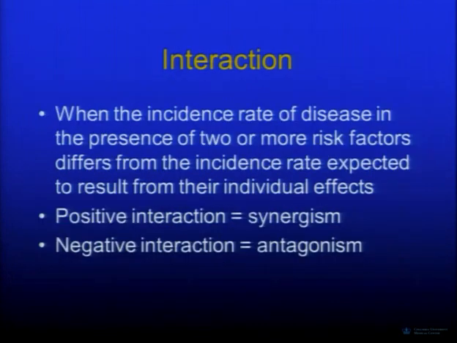And the other terms that sometimes are used when we're talking about interaction is positive interaction or synergism, when the two together actually makes it much greater, or negative interaction, but very rarely do we actually see that, or antagonism.